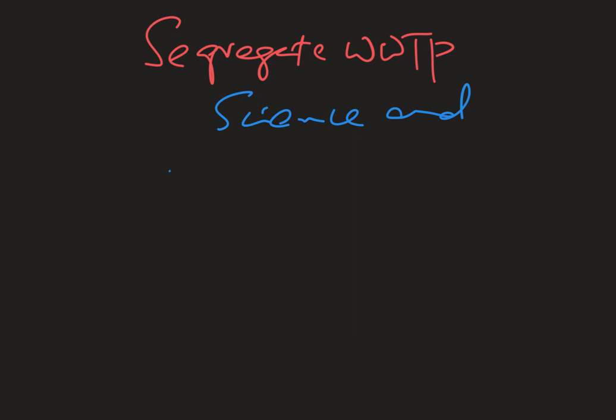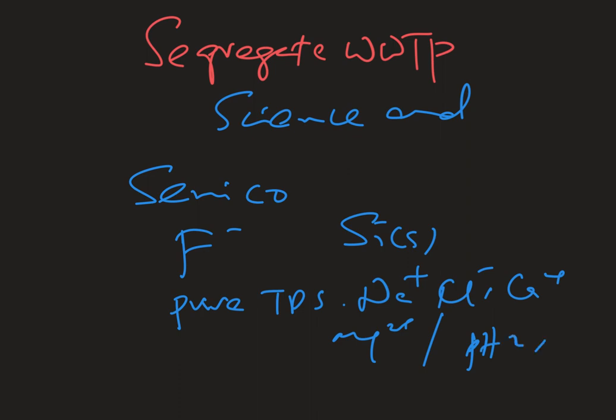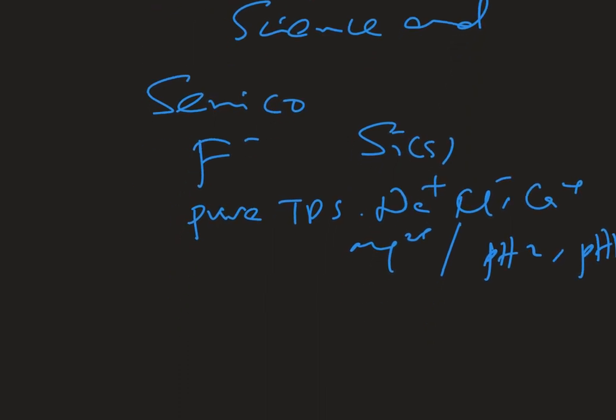For example, semiconductor wastewater normally has high fluoride, and very pure water with a lot of TDS. This TDS means calcium, sodium and chloride probably, also magnesium, and some silicon grinding. Silicon itself is a solid, and you also have very extreme pH, like pH 2, pH 13. So these are wastewaters you need to segregate.